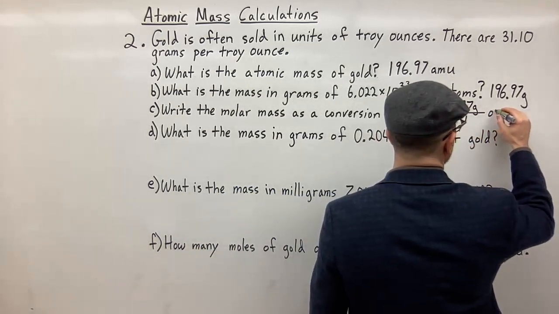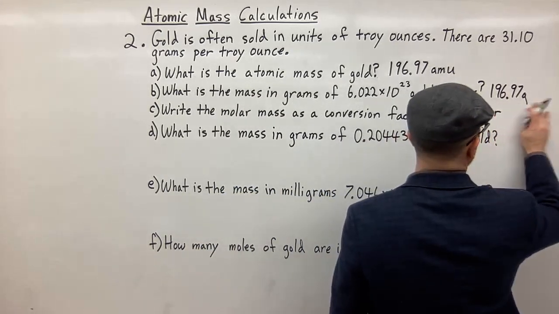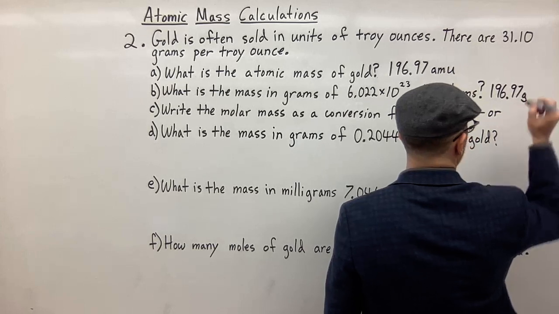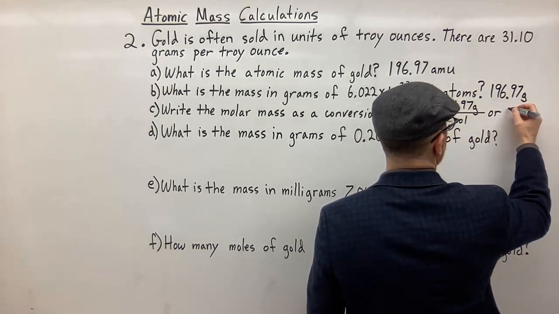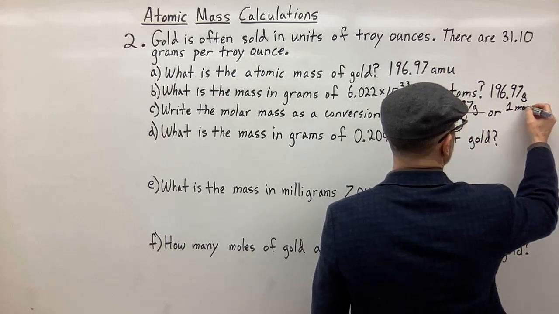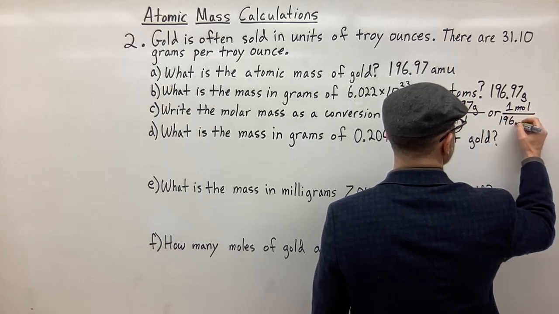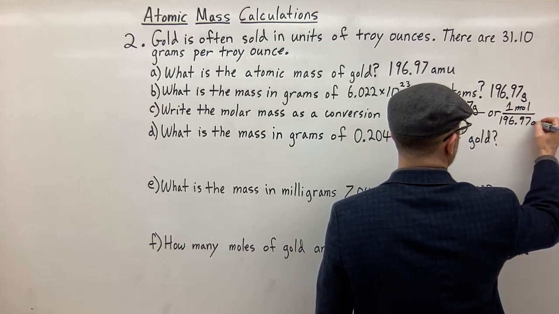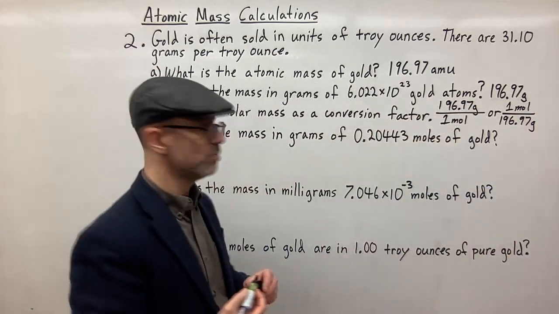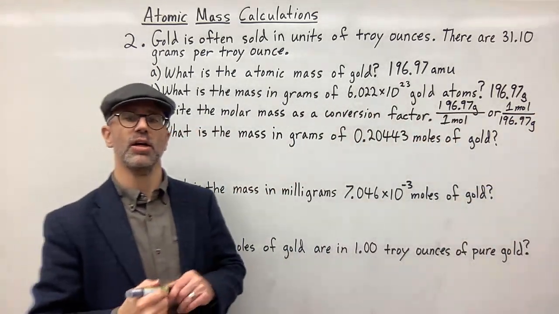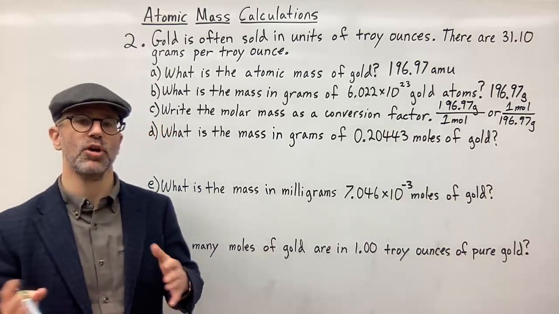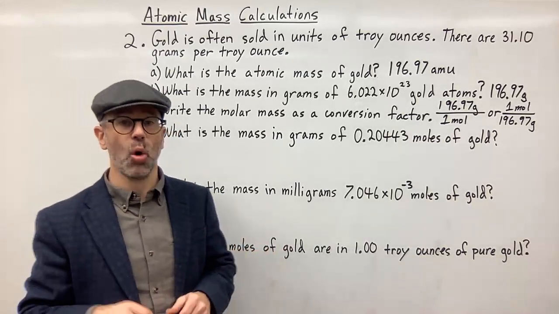Or it could be 1 mole over 196.97 grams. Either of those are conversion factors that you could use to convert between moles and grams of gold.